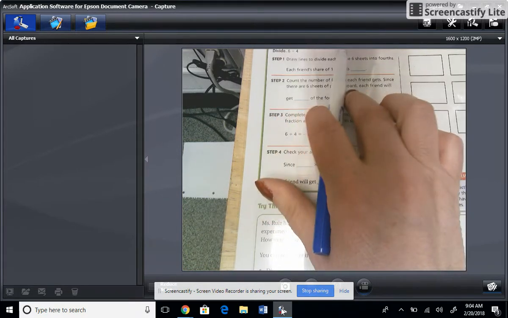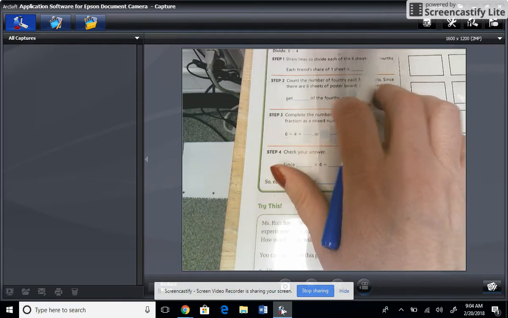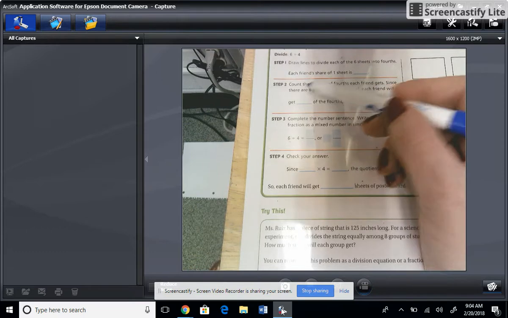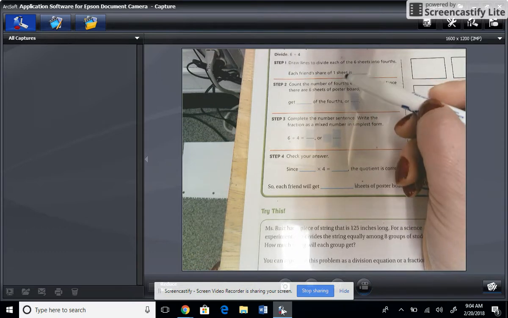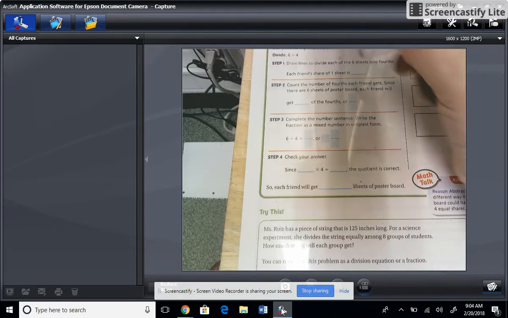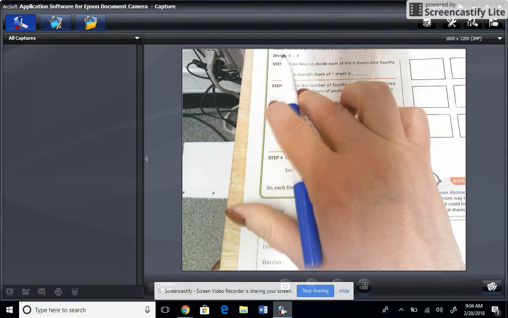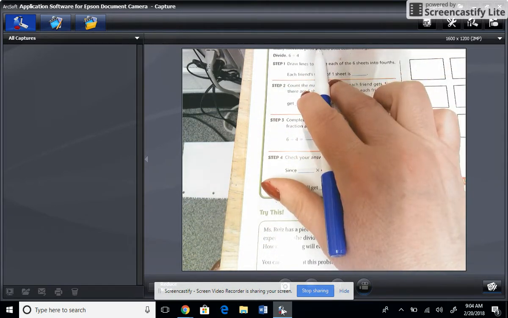So each friend will share 1 sheet, so we know it's in 6 pieces, right? No, it'd be in fourths, because there's 4 friends.